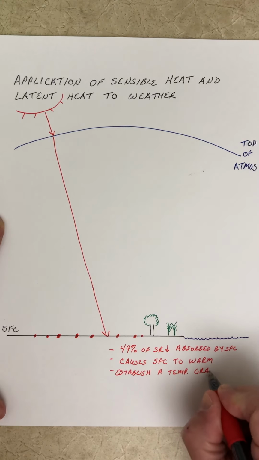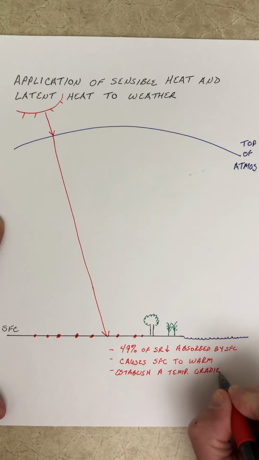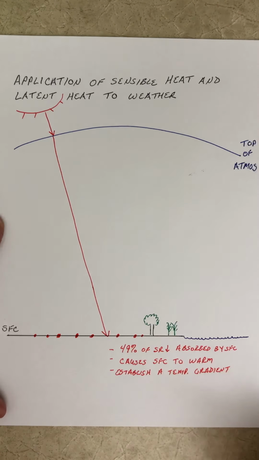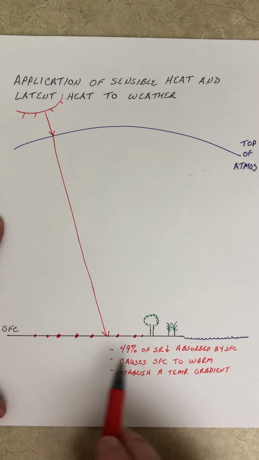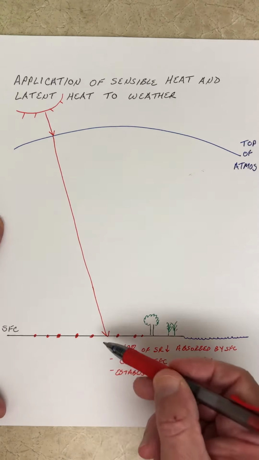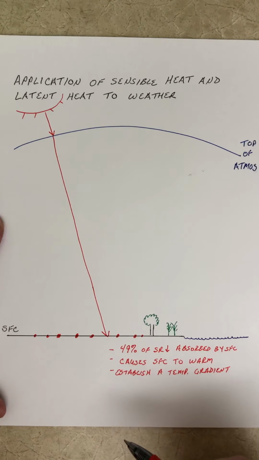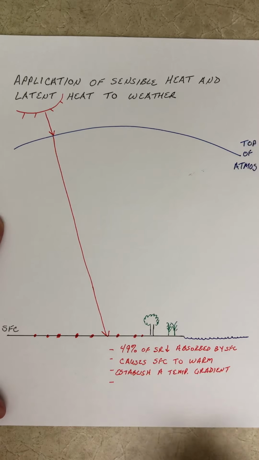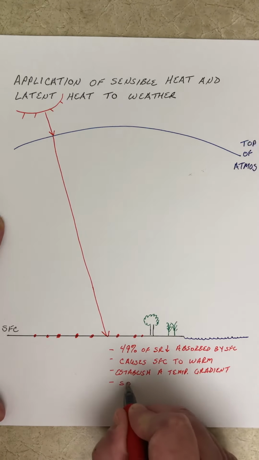A gradient is a change in a property over a distance, and here the property is temperature or heat energy, and there's a gradient of heat energy between the surface and the air above and the ground below. Whenever there is a temperature gradient established, there's going to be a transfer of heat energy. So we'll make that note.